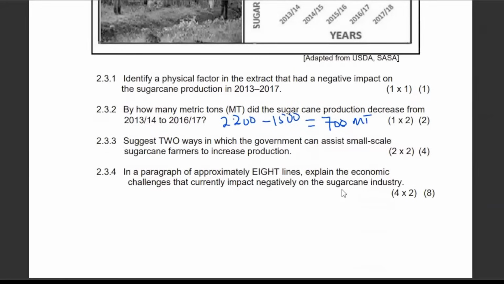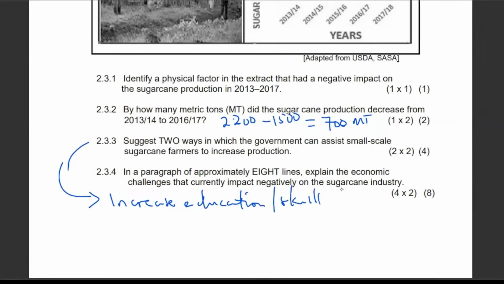Right, suggest two ways in which the government can assist small-scale sugarcane farmers to increase production. What can the government do to enhance productivity of small-scale sugarcane farmers? Right, the government can increase education or skills of the farmers.